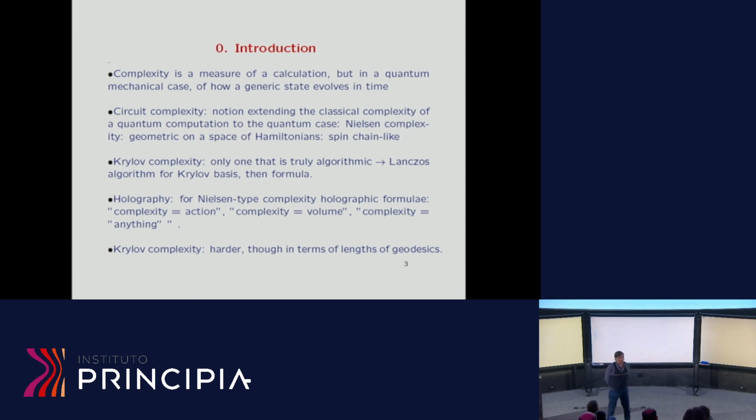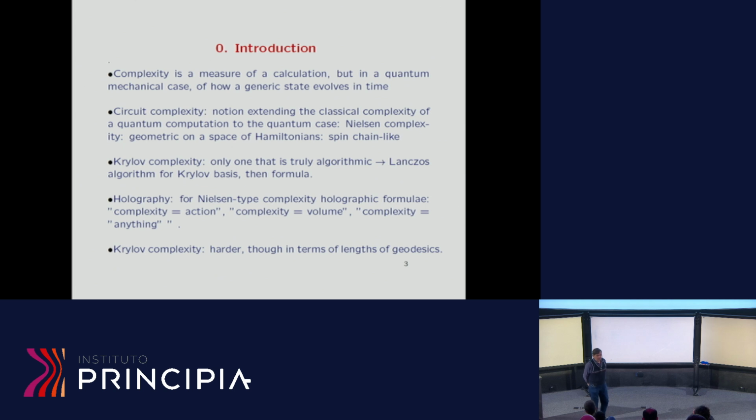But then the notion that is easiest to calculate with, the one that is truly algorithmic, is this Krylov complexity, because it's based on the Lanczos algorithm to obtain a certain quantum state basis, from which we just use a formula.